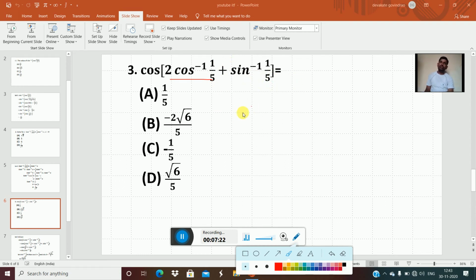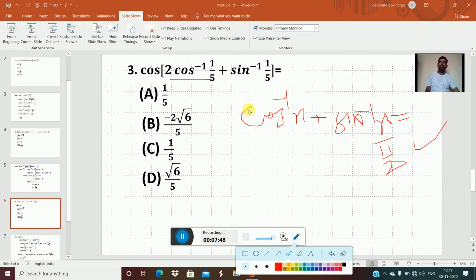Because there is one formula, please remember: cos inverse x plus sin inverse x is equal to pi by 2. Okay, got it. So that's why I'm writing here cos inverse x plus sin inverse x is pi by 2.